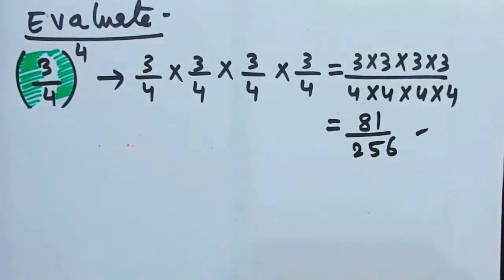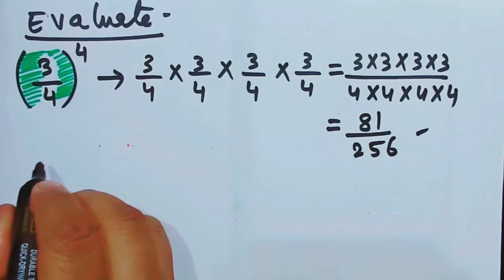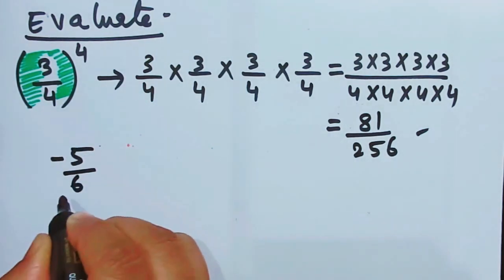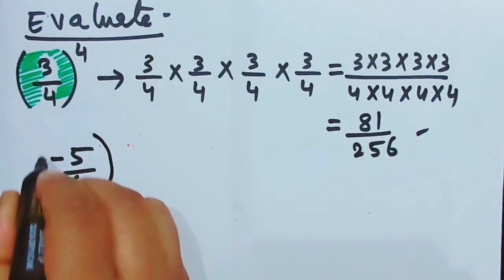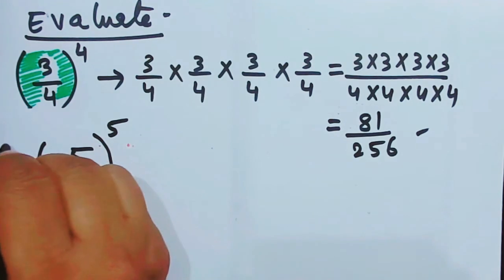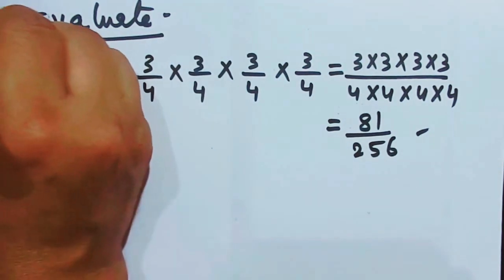Where lies the problem? Here lies the problem when you have minus 5 by 6 to the power 5. This was the second one. Okay, we are dealing with number 3.